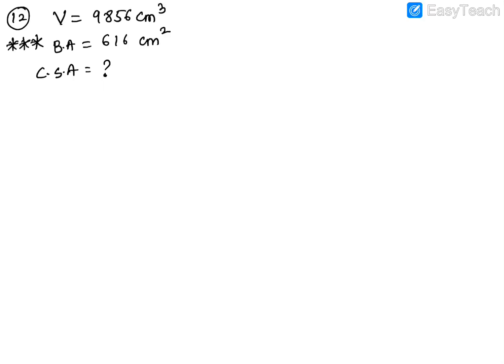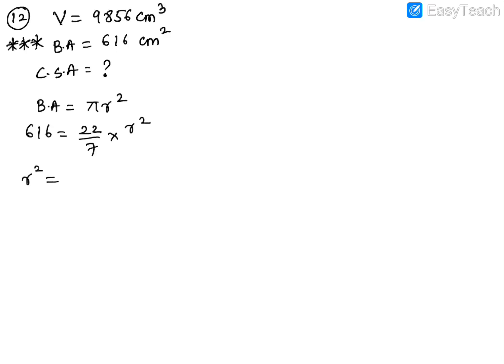So guys, what we do here: what is the base area? Use the formula of base area first. Base area is equal to pi r squared. So 616 is equal to 22 upon 7 into r squared.